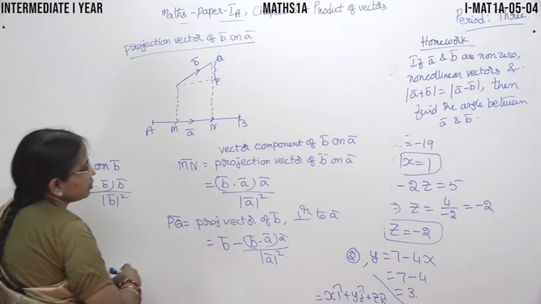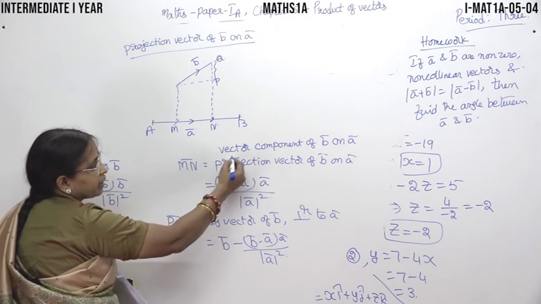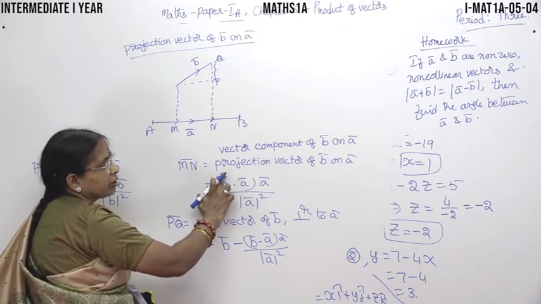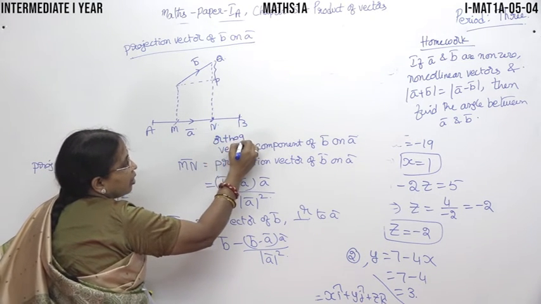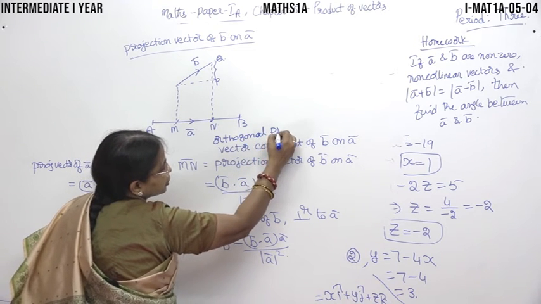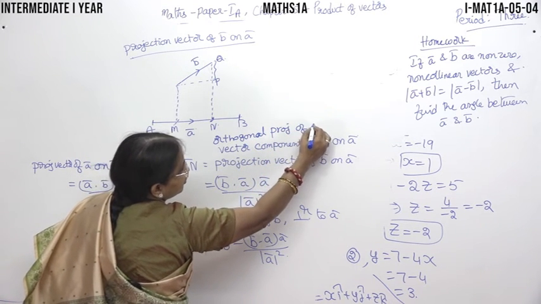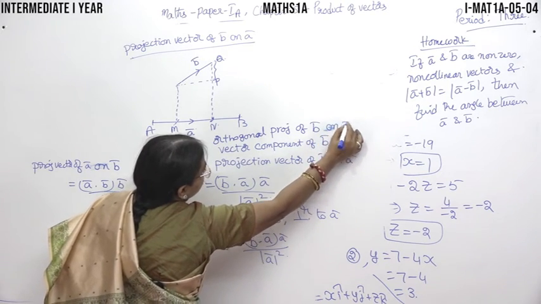So it is also called the orthogonal projection of B on A, vector component of B on A, or projection vector of B on A. These are the terms that are used in the questions.